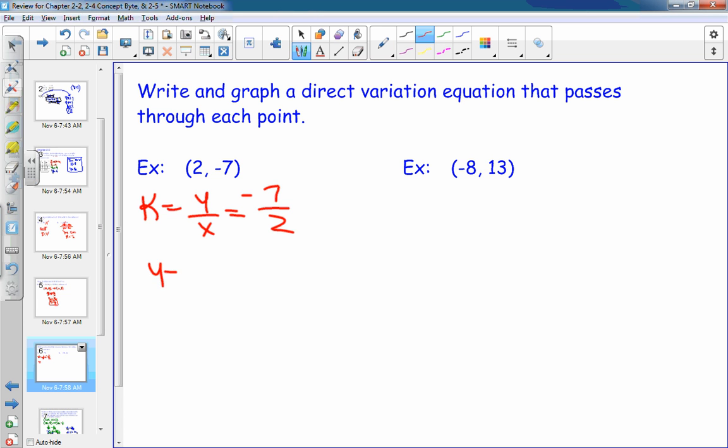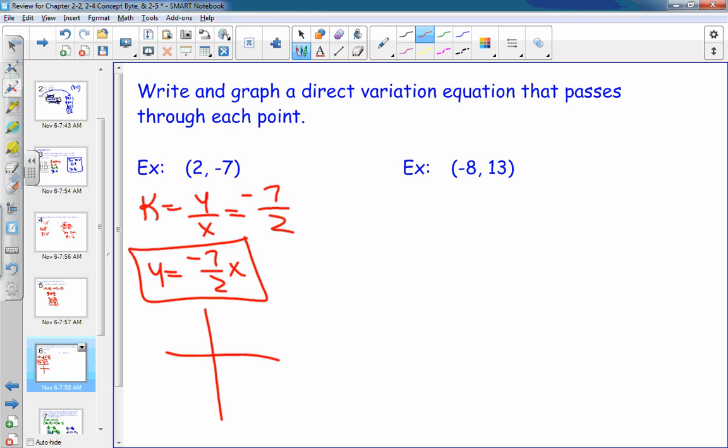So what's my equation? How do I graph that? What do I start at? Nope. What do I always start at? I always start at 0, 0, and from there I go up 7 units and to the left 2. Bam. There's my graph. Do we see that?